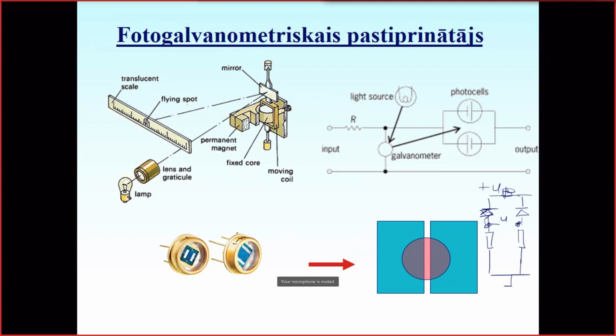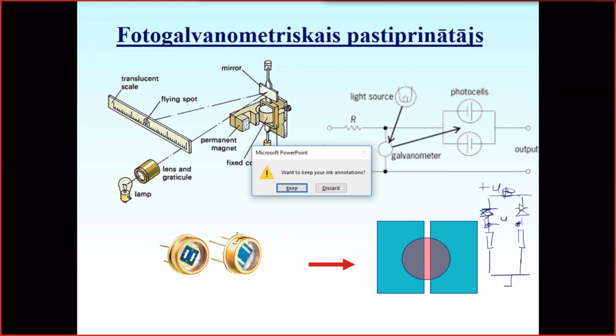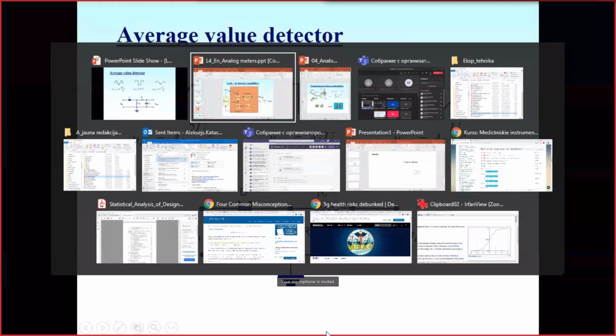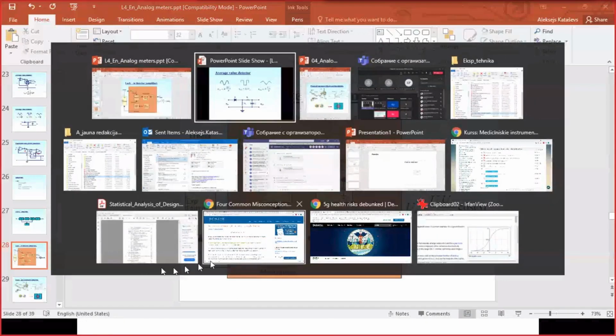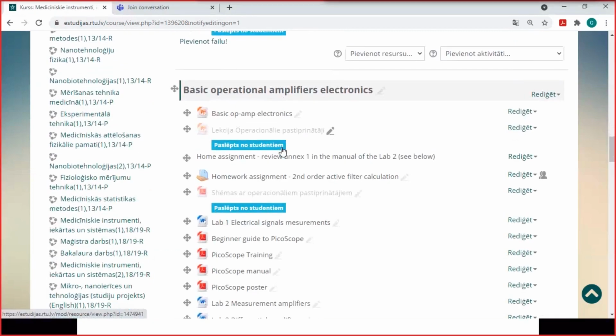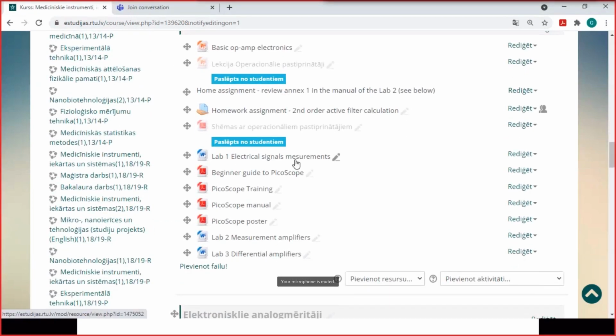I would be happy if you could learn by your own to find information about oscilloscopes. In Orthos you have the laboratory work, electrical signal measurement, with a guide to PicoScope.